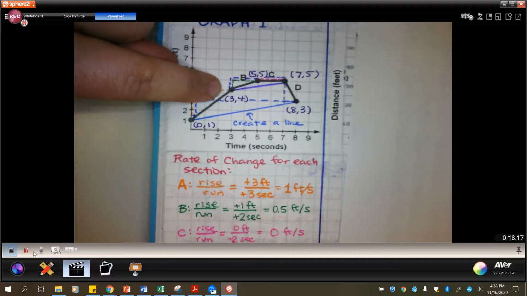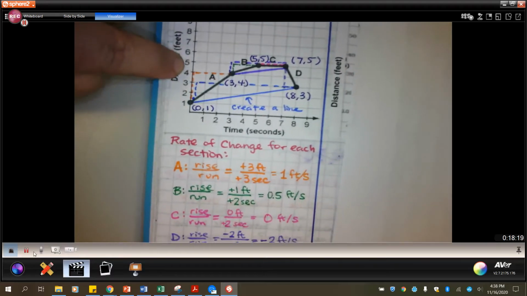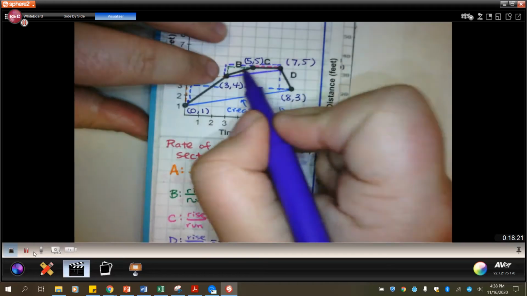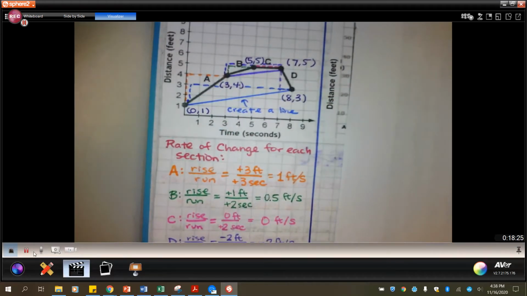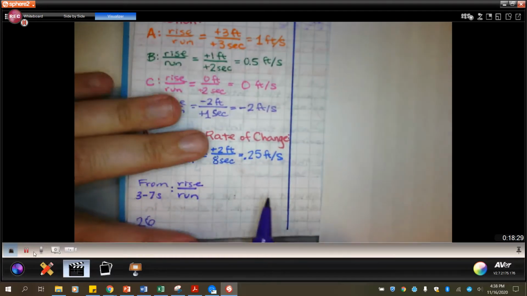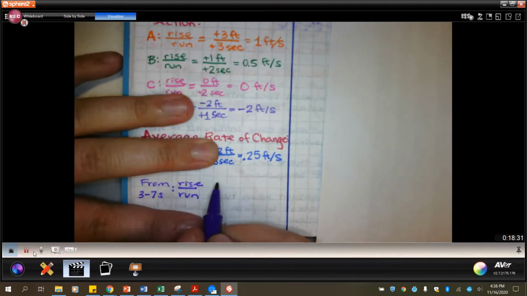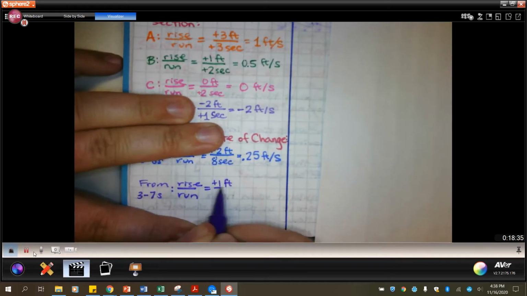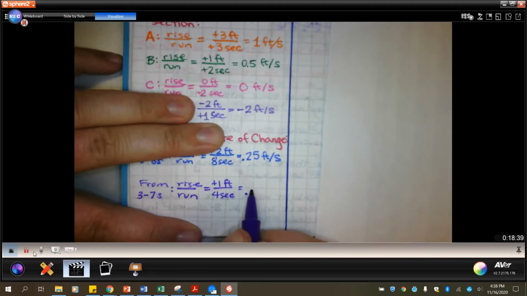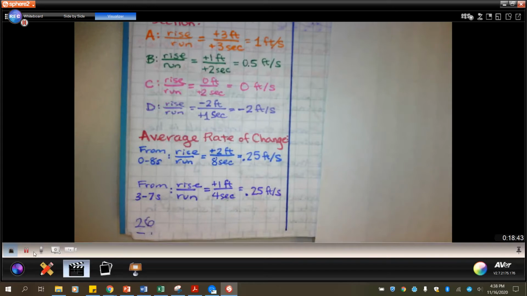So we only went 1 square up, which is 1 foot, and we went 1, 2, 3, 4 over. Okay, so we have plus 1 foot over 4 seconds, which actually also ends up being a quarter foot per second.